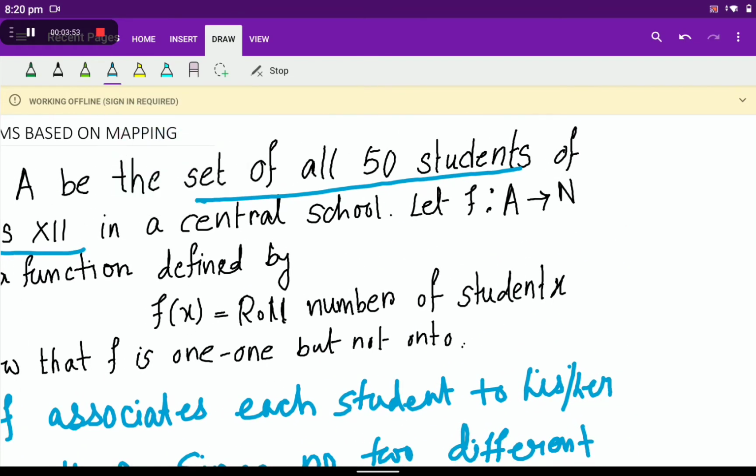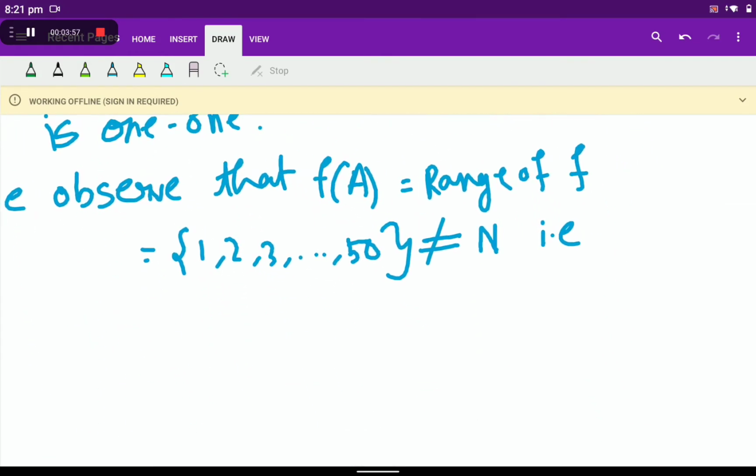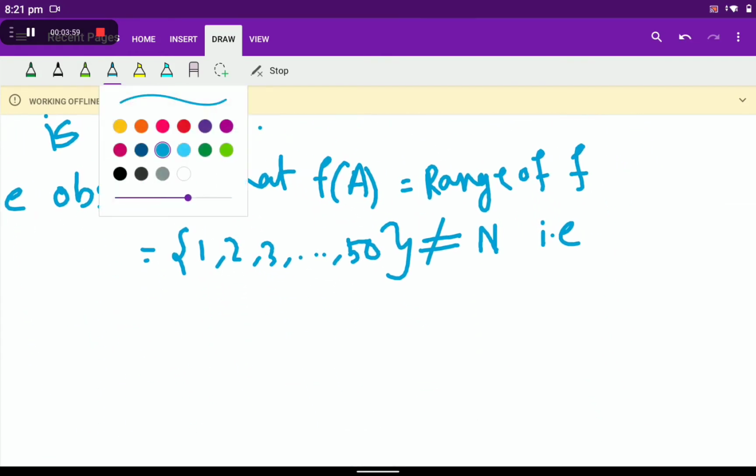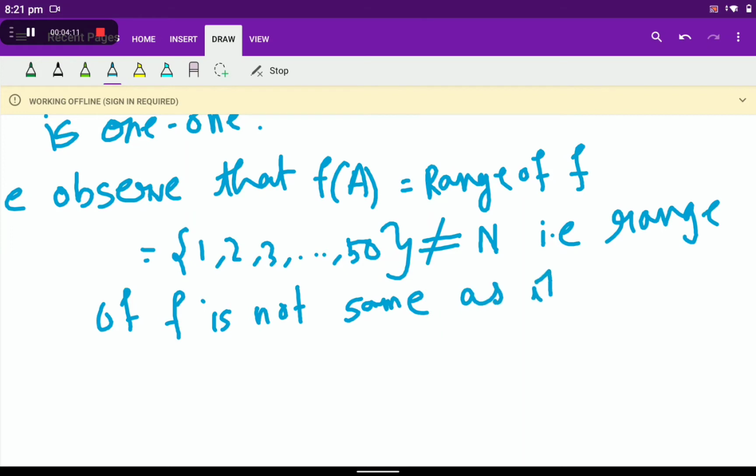So the range of f is not the same as its codomain.